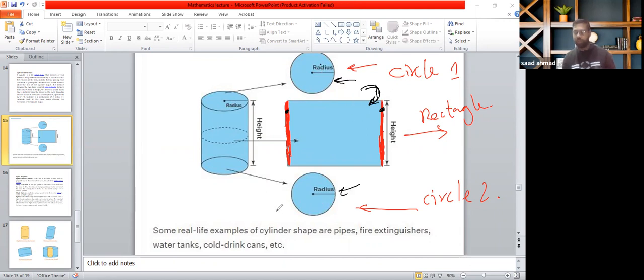These are the 2 circles that you close it with. Examples of cylindrical shapes are pipes, fire extinguishers, the water tank, cold drink cans, right? Most of the things that we use are cylinders, cylindrical cans for cold drinks and anything else like that.